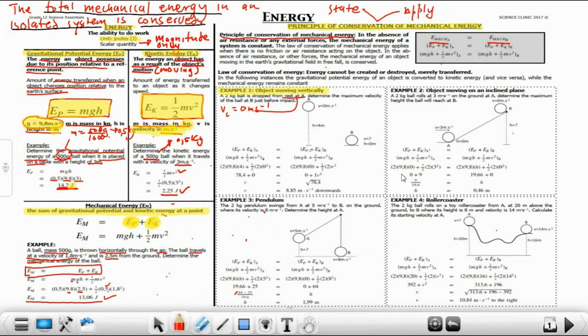Let's write exactly what is happening at the top. At the top, I have my V equal to 0 meters per second, and then I have my height here, which is now 4 meters. But at B is what I am looking to get.